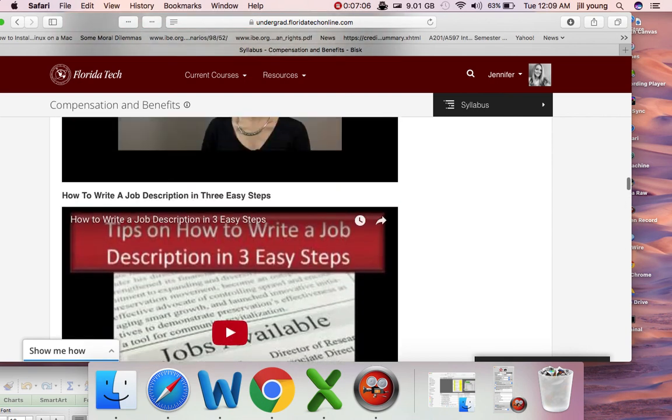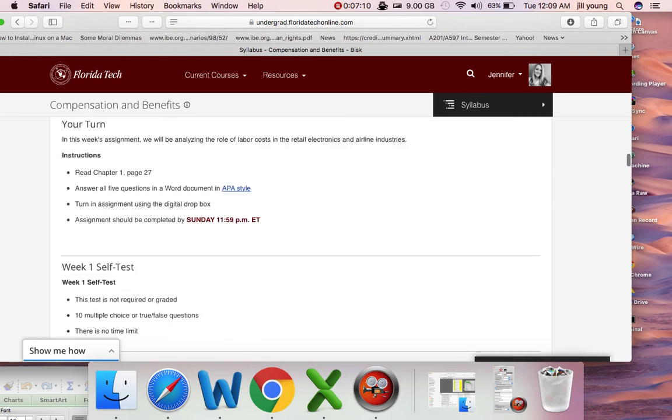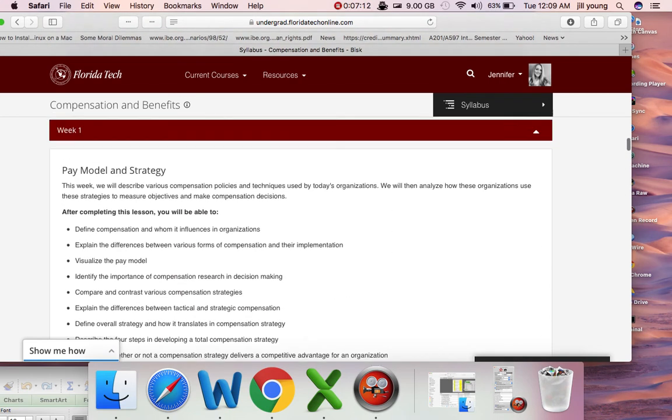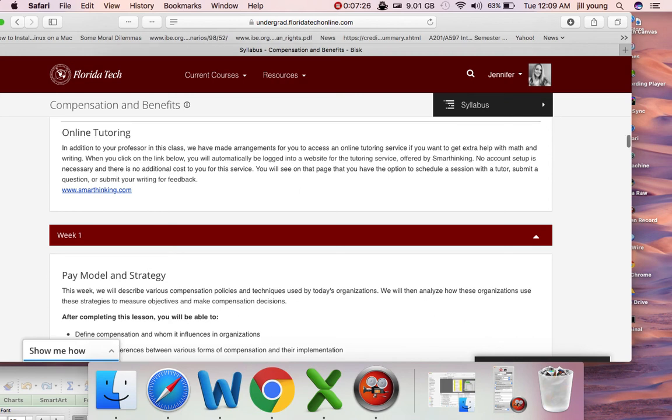Next week you will start to do research for your group project. I'm going to go ahead and assign group study project groups tonight. So you should be able to look in the group study area and find your group.